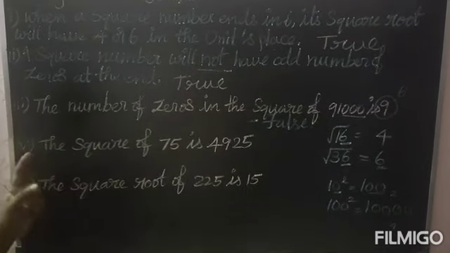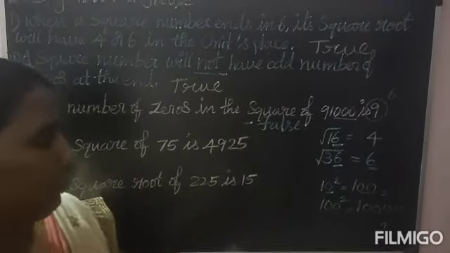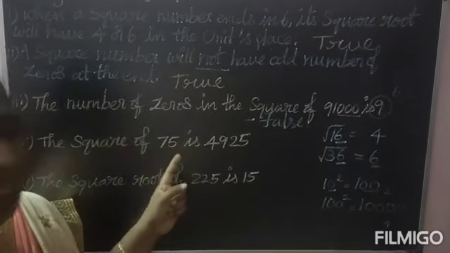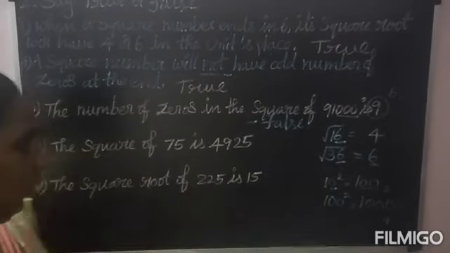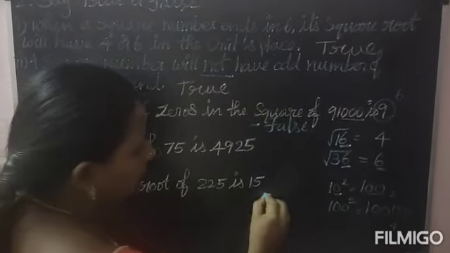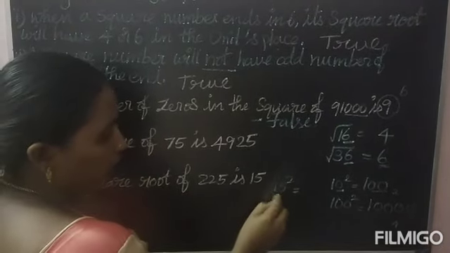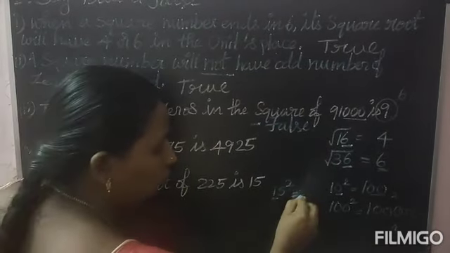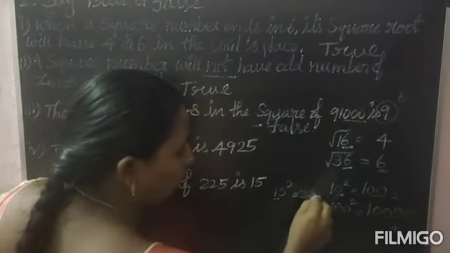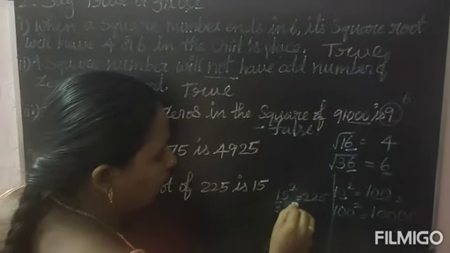Okay. Then next, fourth one. The square of 75 is 4,925. So if the unit place is 5, you can easily find the square of that number without multiplying. Suppose you take 15 square. You have to find now. Here you have 1. 1 next number what? 2. 1 2s are 2. 5 square is 25. You can write directly like this. Next, 25 square.